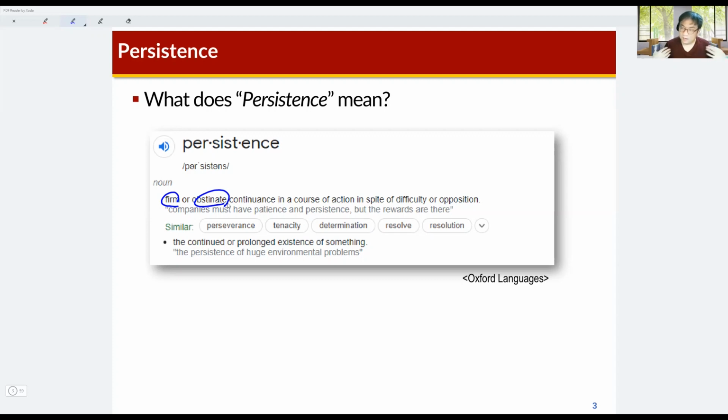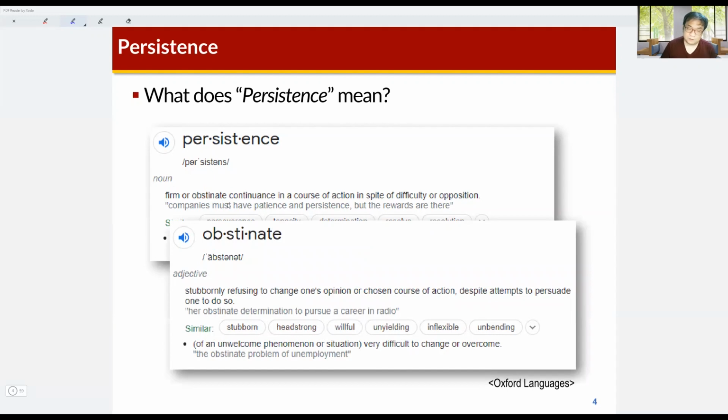But we are learning computer science and computer engineering, so we need to know the terminology persistence in computer science or computer engineering. Because obstinate is somewhat firm and stubborn, that kind of hard-minded.